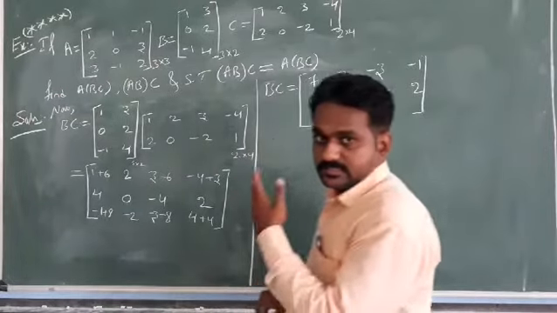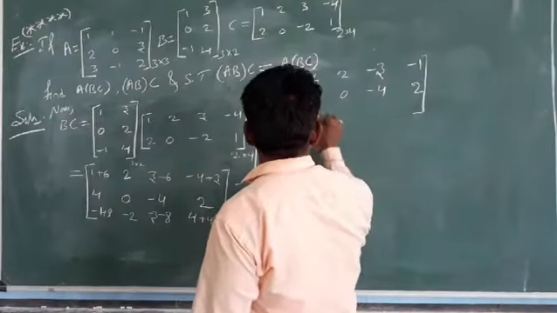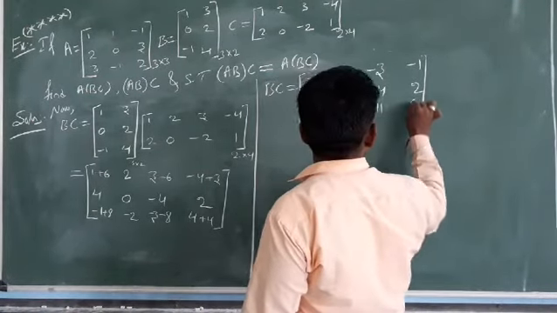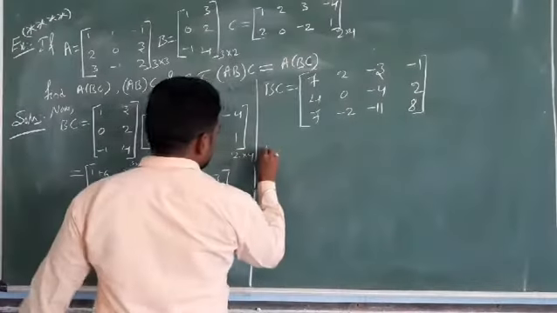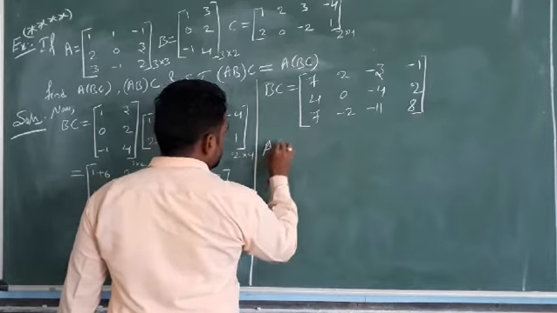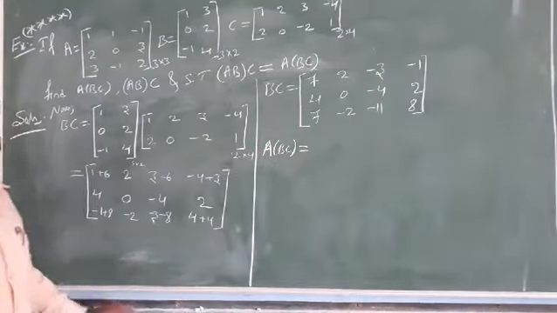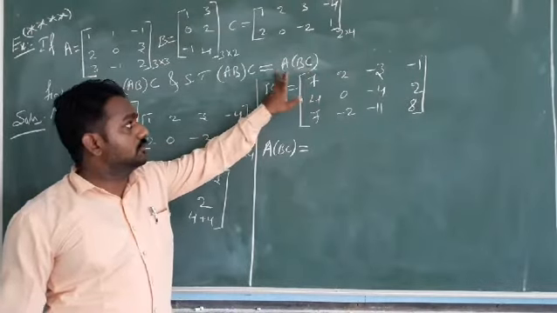Next, what is the next answer, students? That is 7 minus 2 minus 11 and plus 8. Next thing, students, A into BC. Obtained the BC. Now A into BC.